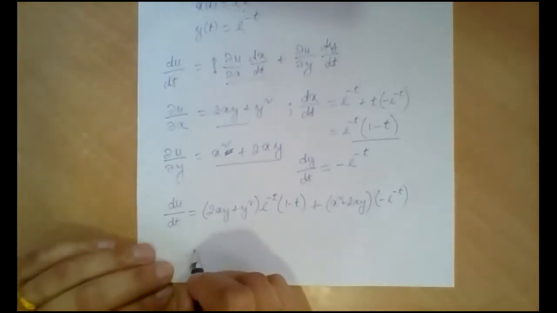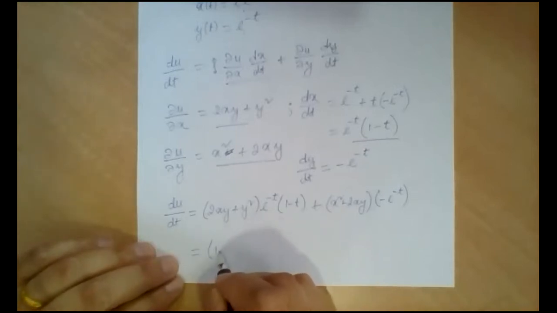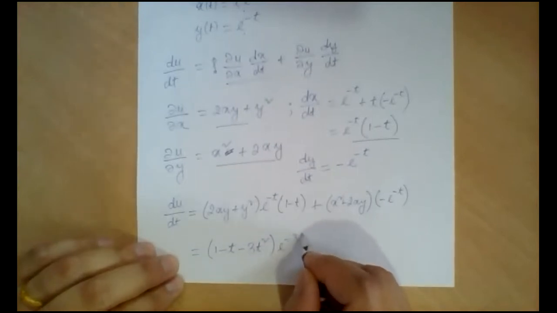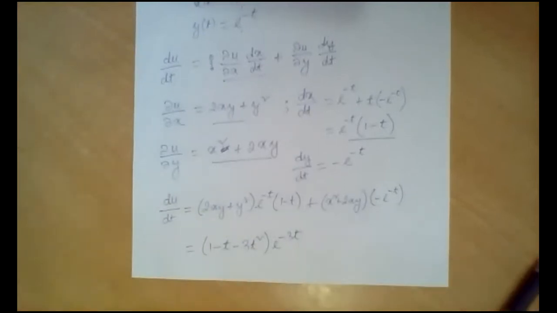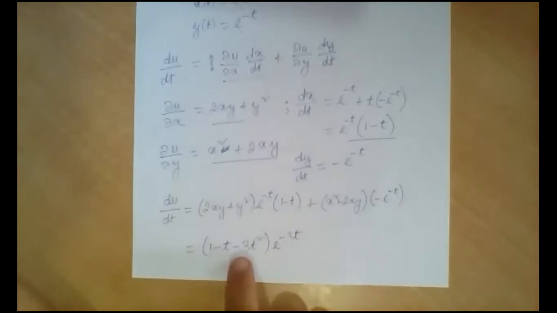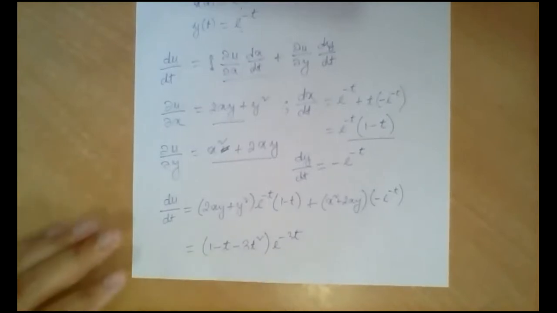When you simplify this, the final answer that you will get is 1 minus t minus 3t square e to the power minus 3t. So when you simplify, you should get this answer. Page number 254, that example.